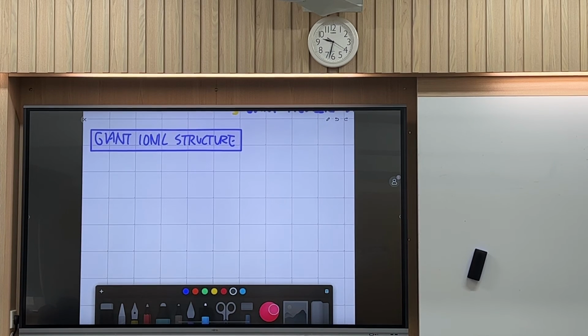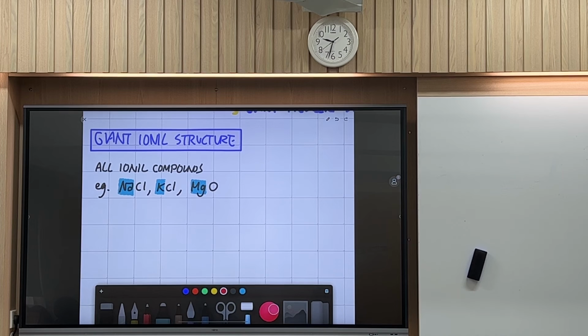So can you put down all ionic compounds? All ionic compounds, e.g., NaCl, KCl, MgO. Ionic means metals and non-metals. There has to be a metal part and a non-metal part in these compounds. All ionic compounds have a lattice structure.